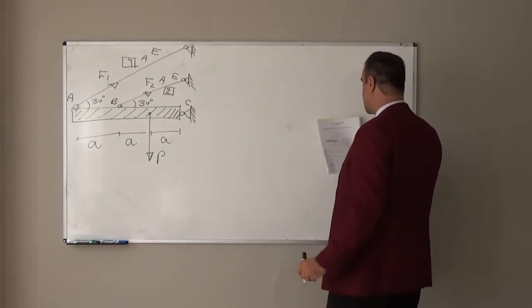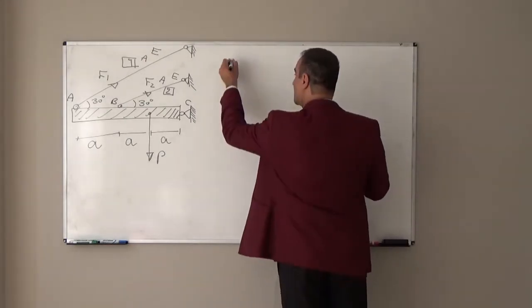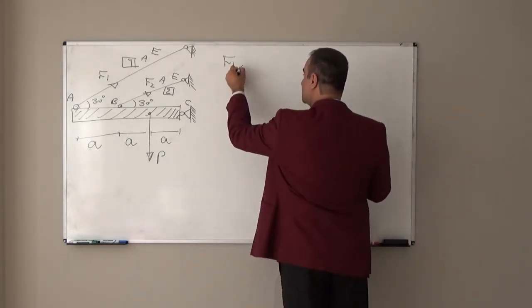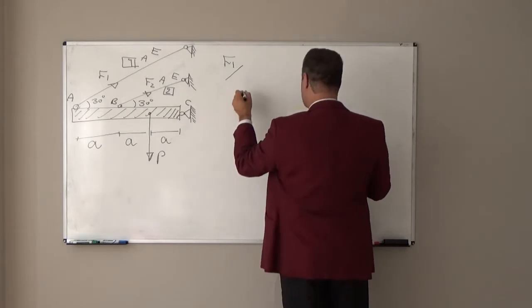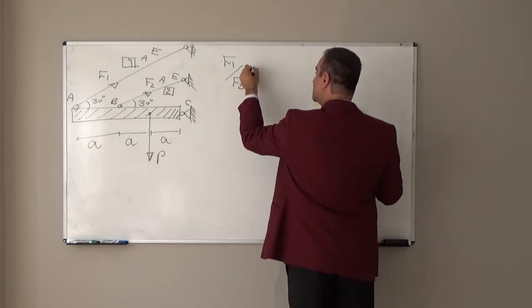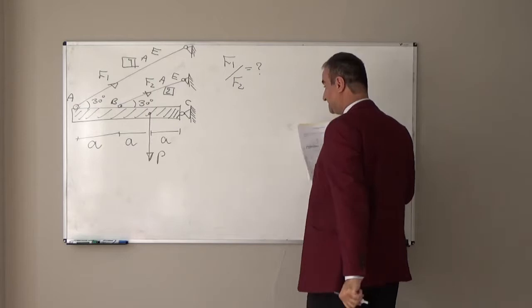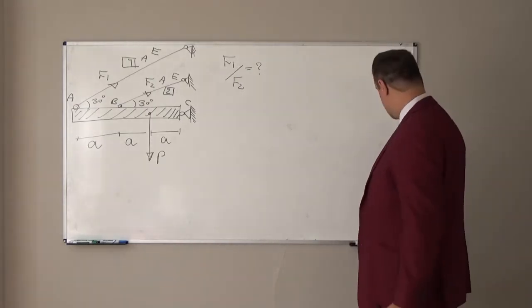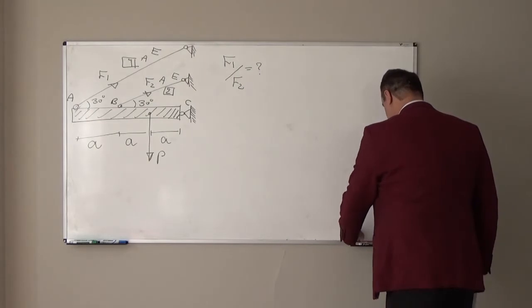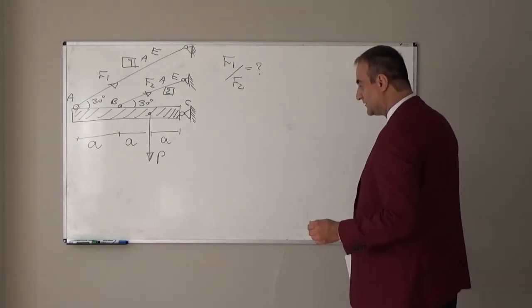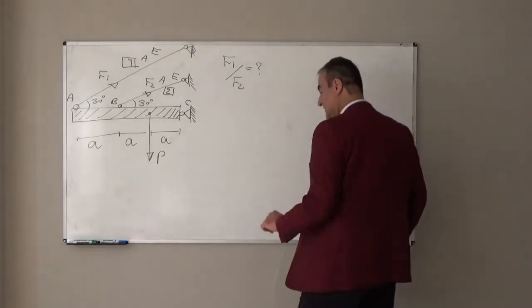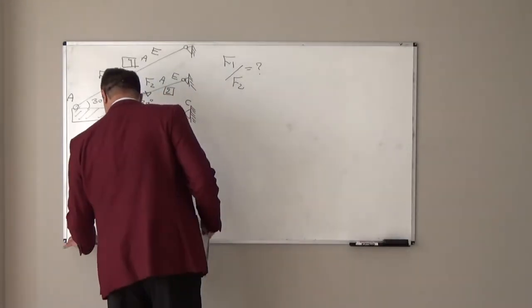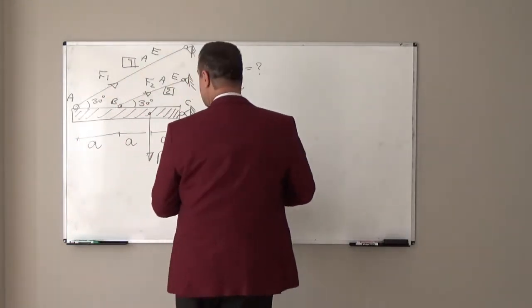The problem statement asks, determine the ratio of F1, internal force in member 1, over F2. This is unknown. How will we find this? In order to find that, first we should look at the deformation of this structure.